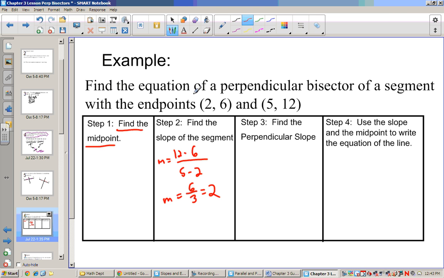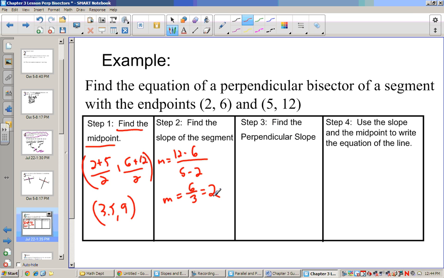The midpoint is when we add these together. So 2 plus 5 over 2 and 6 plus 12 over 2. So the midpoint is 7 over 2, which is 3.5. This is 18 over 2, which is 9. All right, now step 2, which is finding the slope.